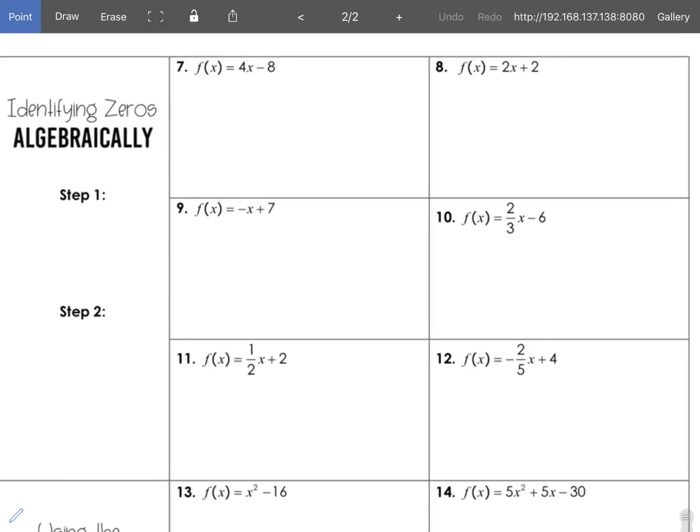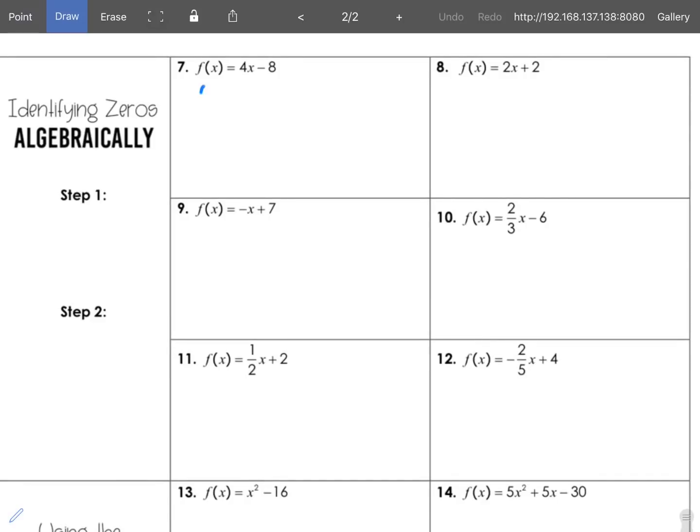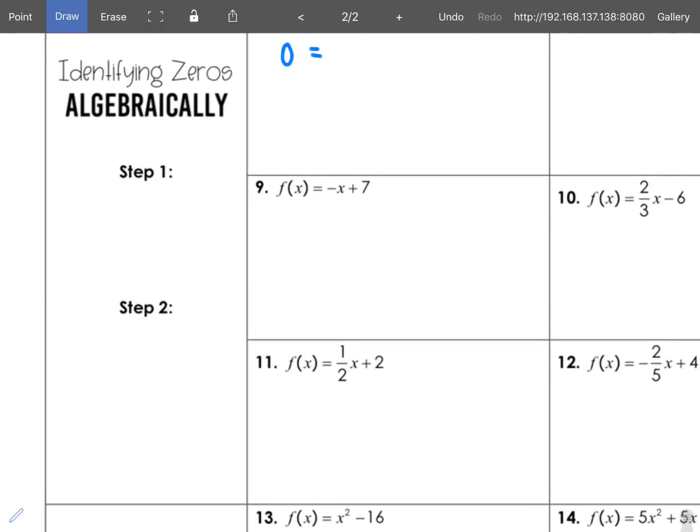Okay, so where is my y? Well, my y is here. This is f of x, right? F of x is the same thing as y. So we're going to write 0 equals, and actually, before I do that, let's do step 1 here. Step 1 is set the function equal to 0.